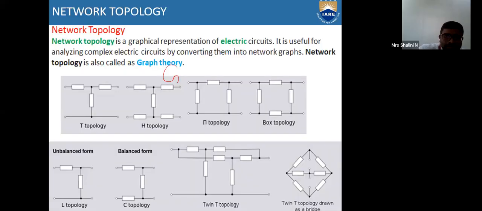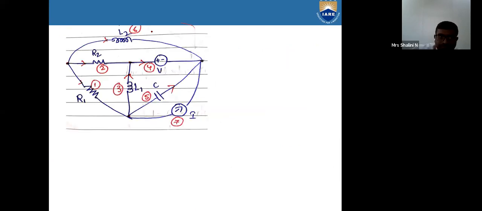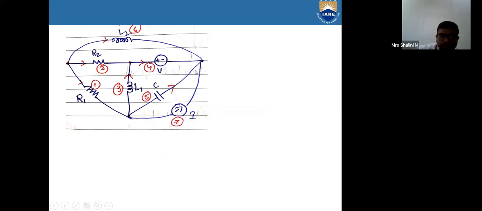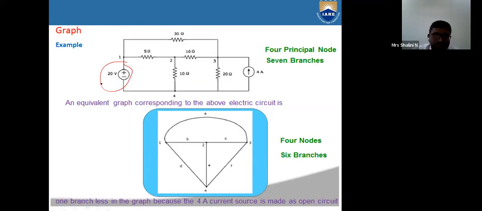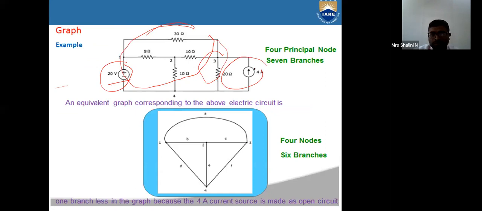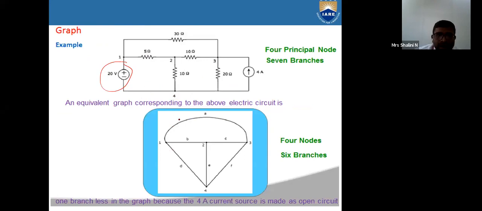For example, if this is a circuit diagram, in this circuit diagram we have a 120 volt voltage source and these are the resistors. 20 volt voltage sources, 5, 30, 10, 10, 20 ohm resistors, and a 4 amp current source. So we have to obtain the graph from this circuit diagram.